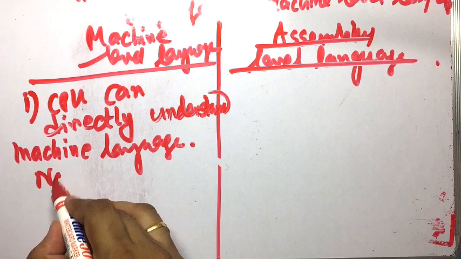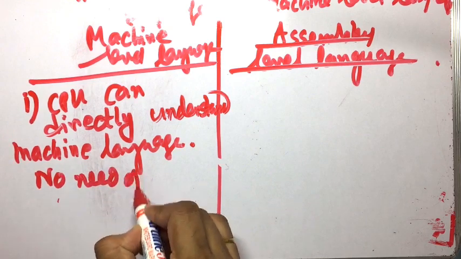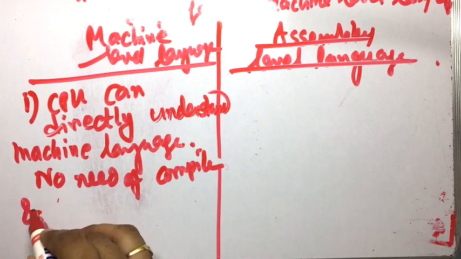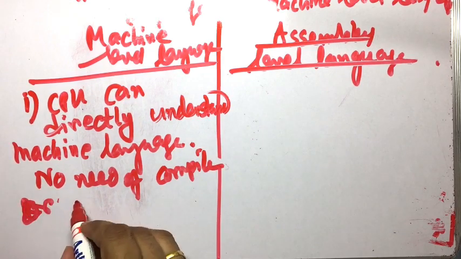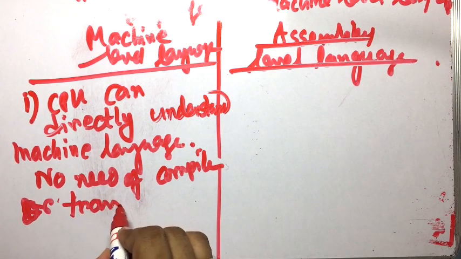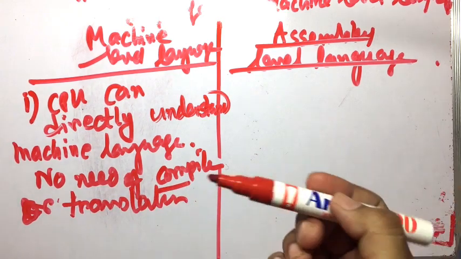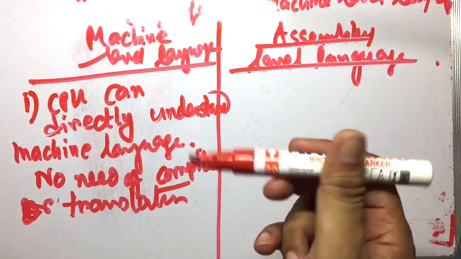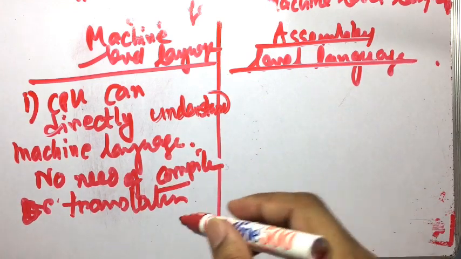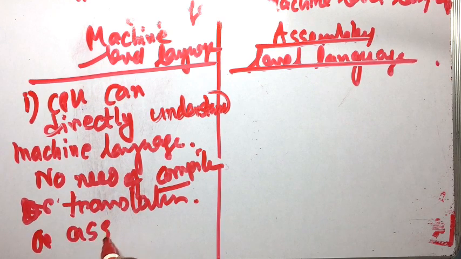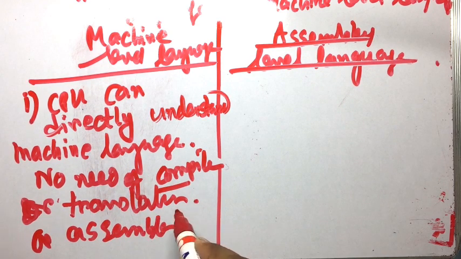No need of compiler or assembler. Means there is no interpreter, direct execution with the help of CPU. No need of compilation or translation or assembler software.